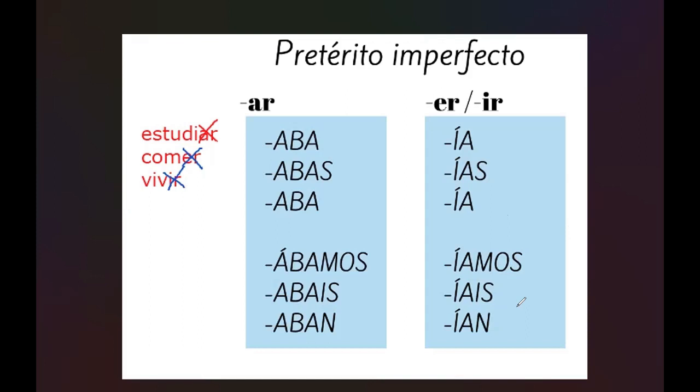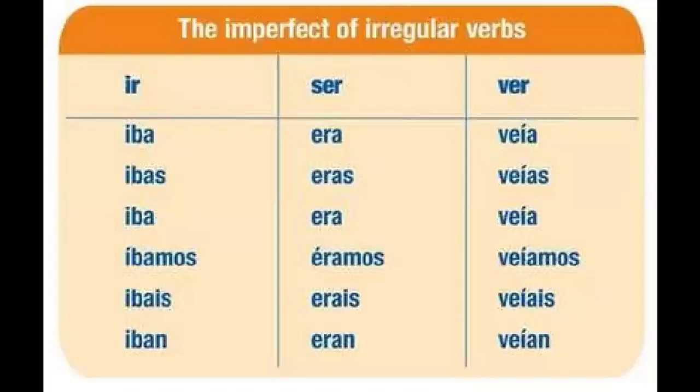You have to remember something. In Spanish, in pretérito imperfecto, we have just three irregular verbs. What are those three irregular verbs? Well, let's check. Here we have our three irregular verbs in pretérito imperfecto.